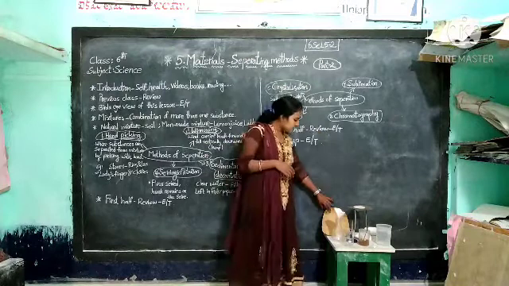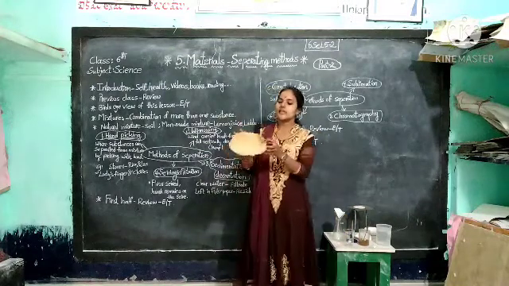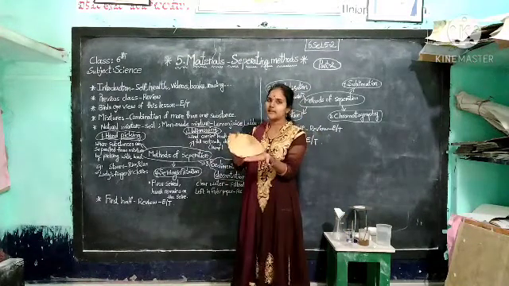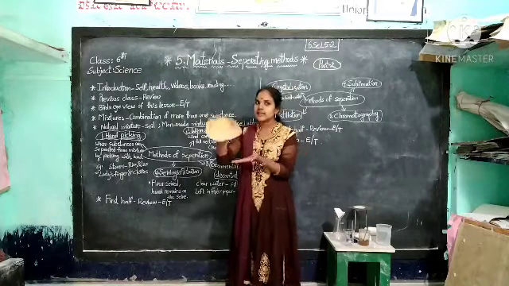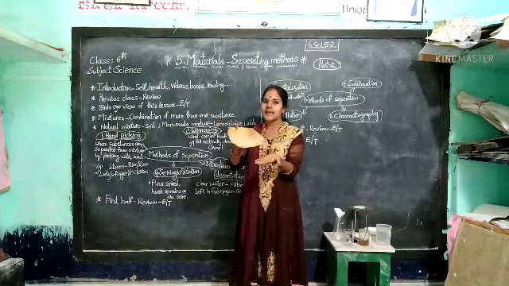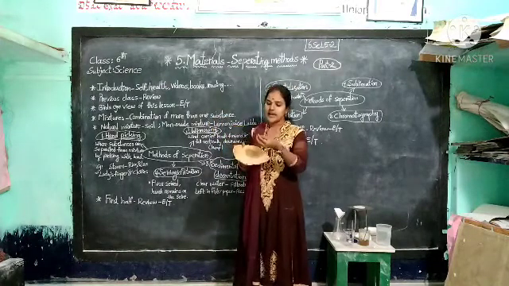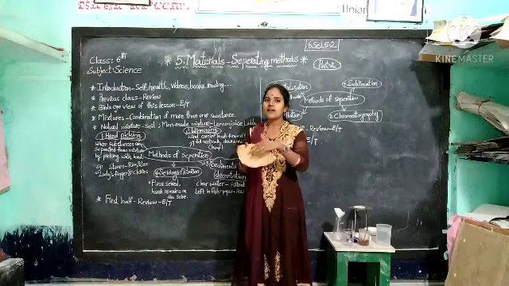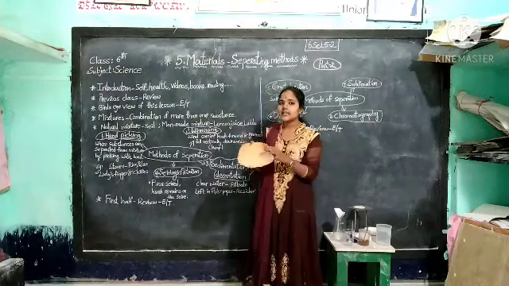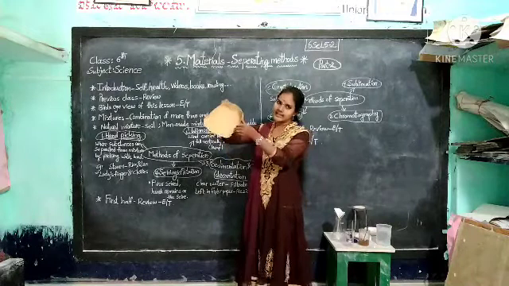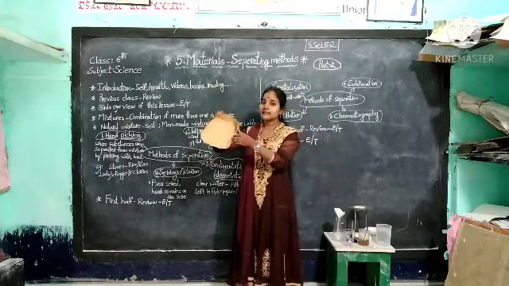Once you see, for example, you take this flat pan. The farmers use a flat pan like this, and the husk and grains mixture is in the pan. After that, the farmer does like this. What happened there?